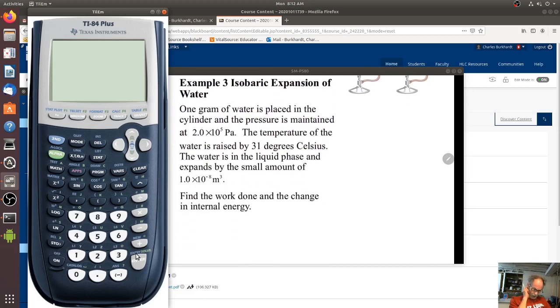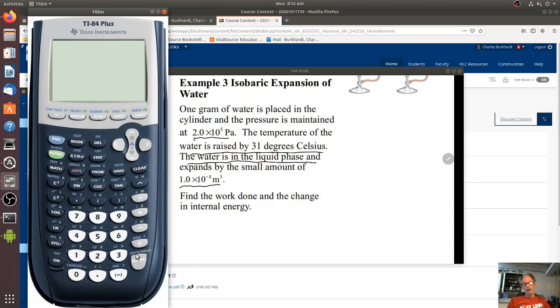One gram of water is placed in a cylinder and the pressure is maintained at this pressure, about 2 atmospheres. The temperature of the water is raised by 31 degrees Celsius and the water is in the liquid phase and expands. You know, when you add heat to a solid, there's not much expansion going on, not much work being done. When you add it to a gas, there's a lot of expansion going on and a lot of work being done.